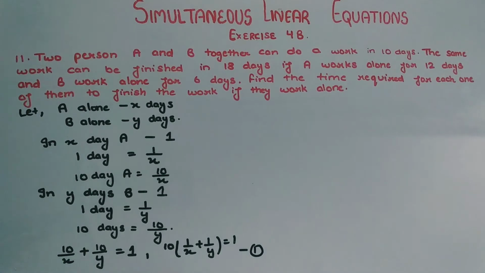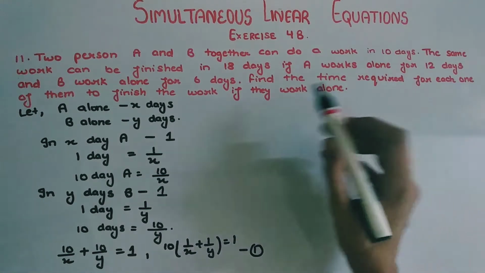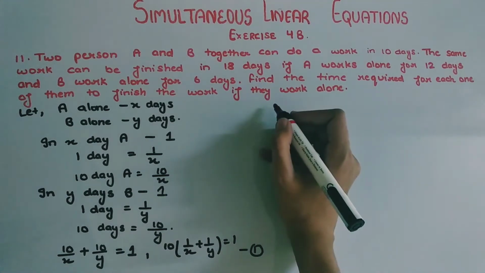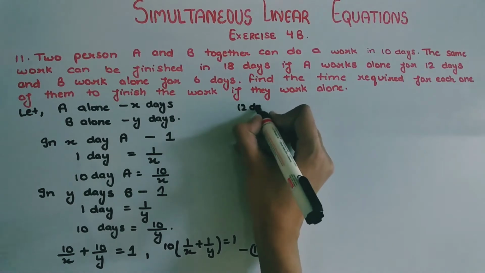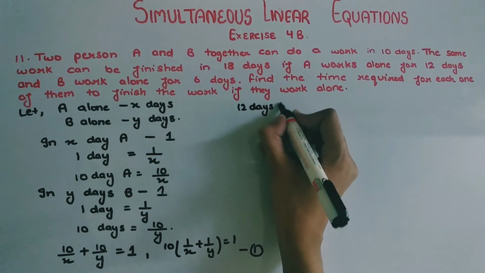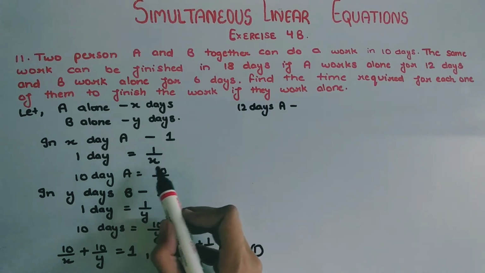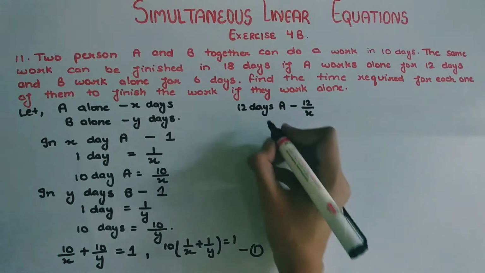Next we are given that the same work can be finished in 18 days if A works alone for 12 days and B works alone for 6 days. Means A worked for 12 days. We know that in one day A does 1 upon X work, so in 12 days A will do 12 divided by X work.